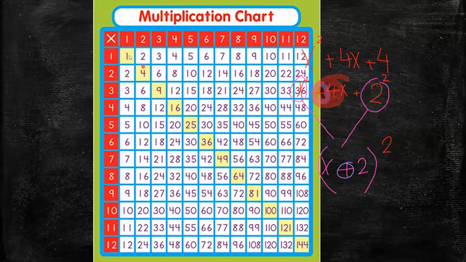Now look at these yellow numbers: 1, 4, 9, 16, 25, 36, 49, 64, 81, 100, 121, and 144. All of these yellow numbers, we call them perfect squares.